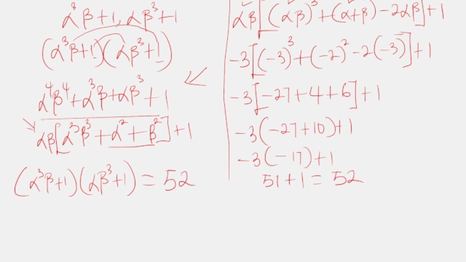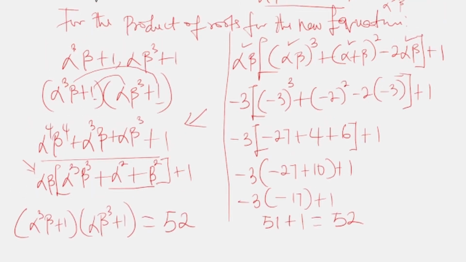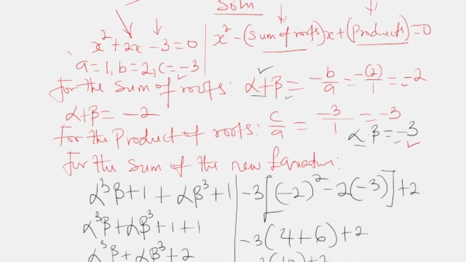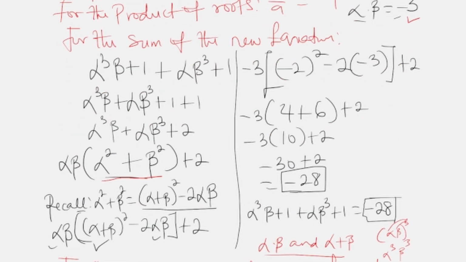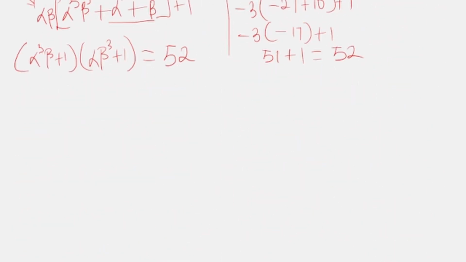Okay, now we have the sum and we have the product. What next do we do with this to create a new equation? We are going to substitute it into this very formula and then create our new equation. Like I said, this is a formula you need whenever you want to create a new quadratic equation. Don't forget it. It's really very important. Now, let's go ahead and solve.